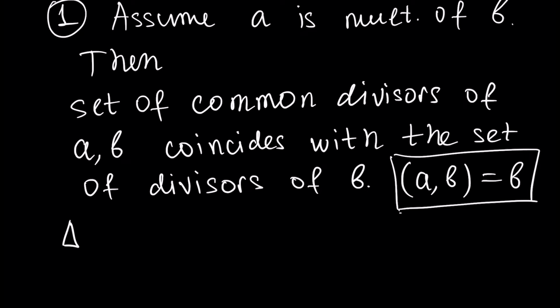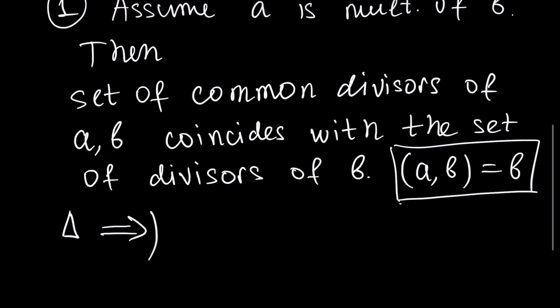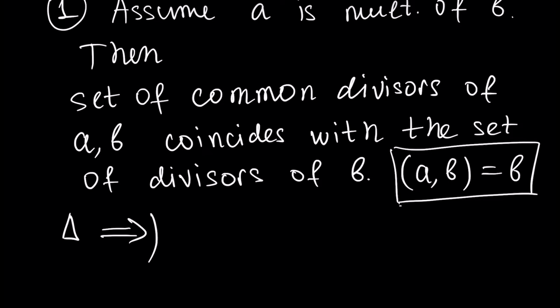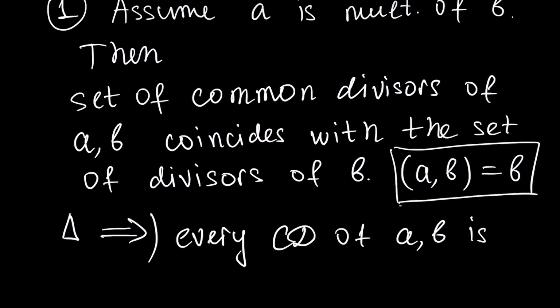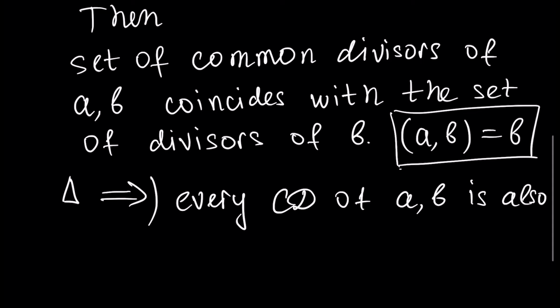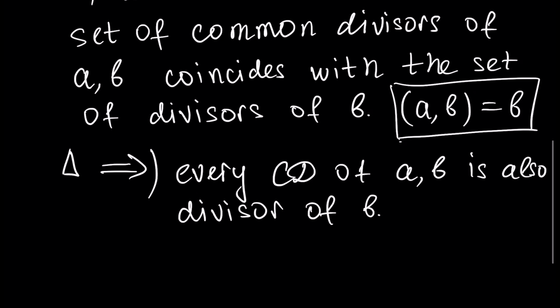To show this, we have to, first of all, show to one side that every common divisor of the integers A and B is also a divisor of B. This is actually obvious because A is a multiple of B, and of course, every common divisor, CD, of A and B is also a divisor of B.